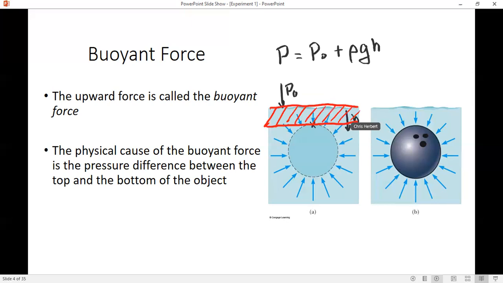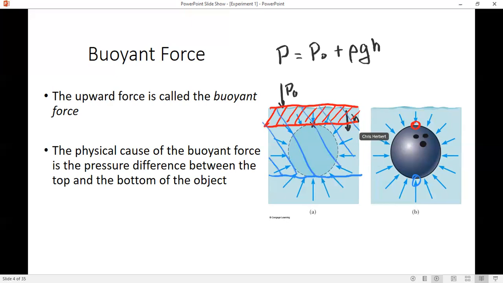So that red area represents fluid that is on top of the top surface of the ball, which is adding additional pressure to the ball, pushing it downward. Now, if we then look at the bottom of the ball, this bottom surface right here, versus this location right here, we'll now look at how much fluid we have above that surface.